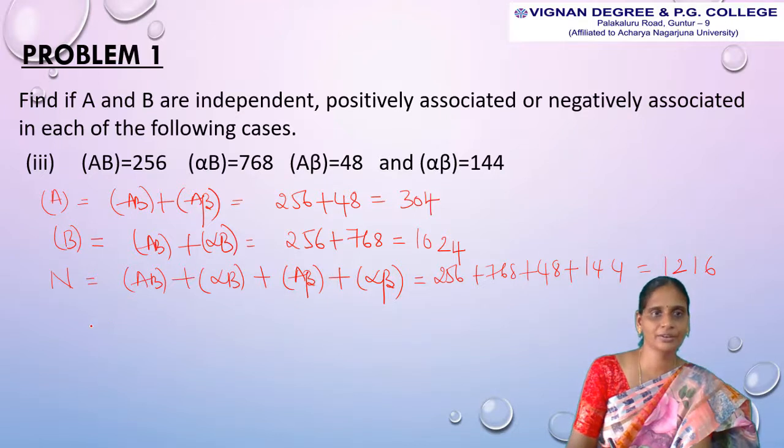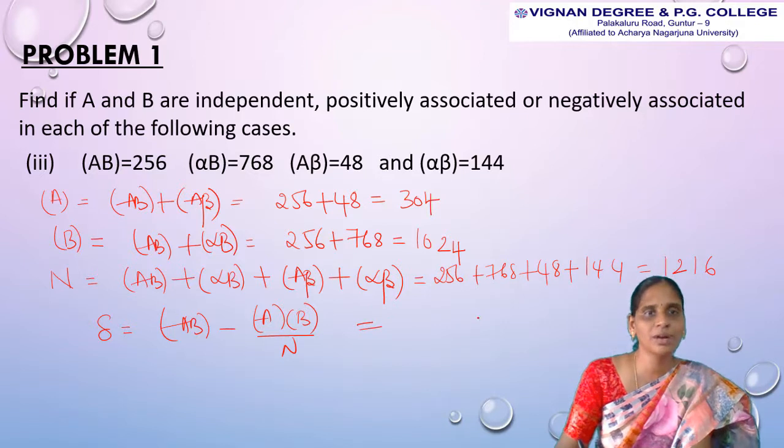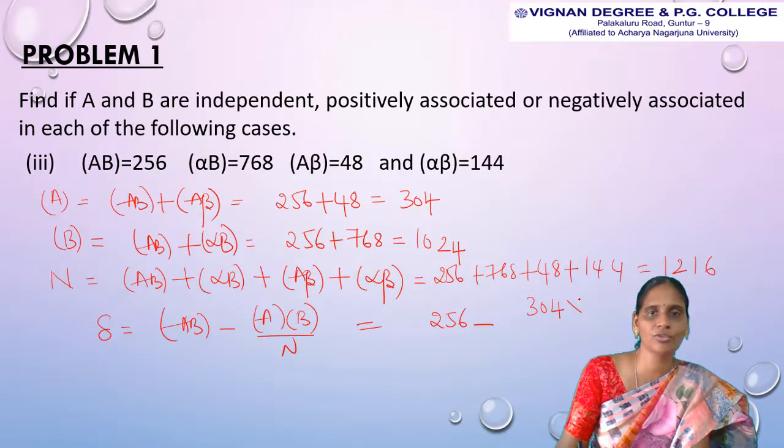So therefore, we have to find the operator delta. The delta is equal to frequency of AB minus frequency of A into frequency of B divided by N. So now the value of frequency of AB is 256 minus frequency of A is 304 into frequency of B is 1024 divided by the value of N is 1216.